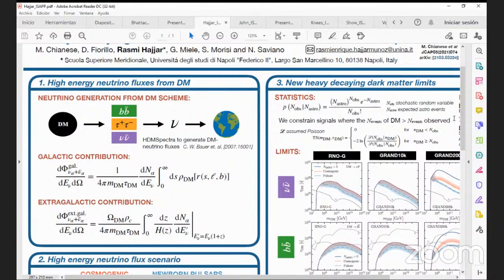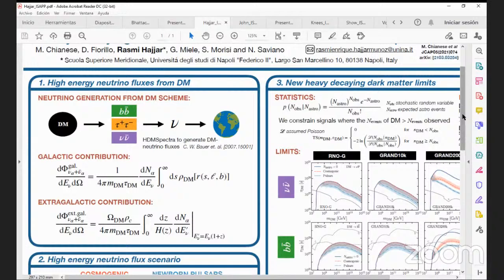For the extragalactic contribution, we have also the two dark matter parameters, and we can find also rho c, that is the critical density of the universe. Omega DM is the dark matter density in the universe, and we will also find the redshift, that is z, and the Hubble parameter, in which we will take into account the latest Planck measurements.